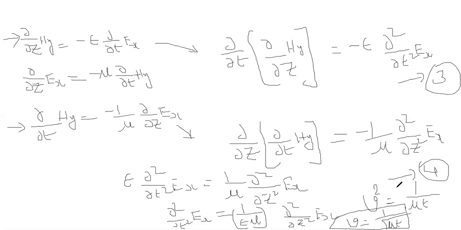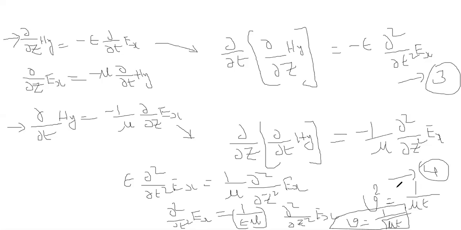After calculating this equation, we get eta value is 377, and the velocity is equal to 3 into 10 to the power of 8 meters per second approximately.